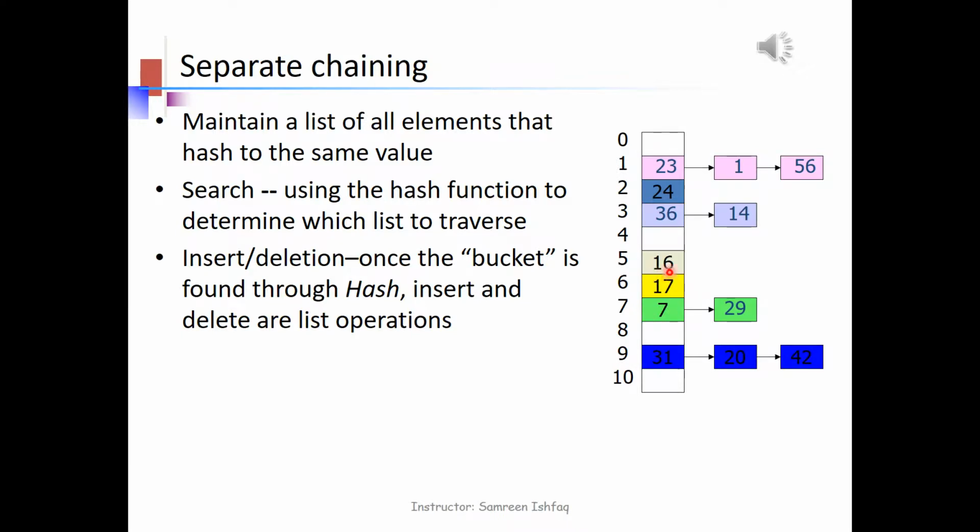As you can see, slot 5 is already filled. So now collision occurs. We will resolve this by maintaining a list at the fifth index of the array. While searching, we will use the hash function to determine which list to traverse. While inserting or deleting, we will find the bucket through the hash function and then insert and delete operations are like list operations.